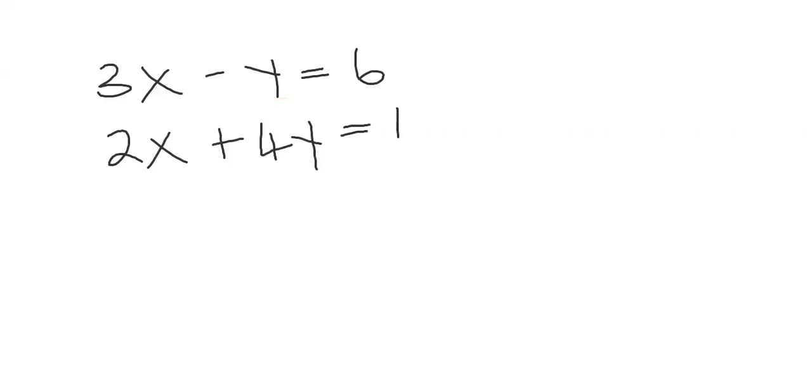If we look at the first equation, the coefficient of y is 1, but the coefficient of y in the second equation is 4. So the next thing you have to do is make the coefficients the same. And I said to make the coefficients the same, we multiply by the smallest number possible.